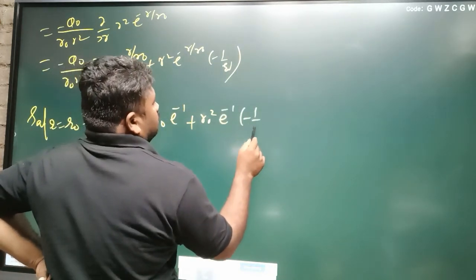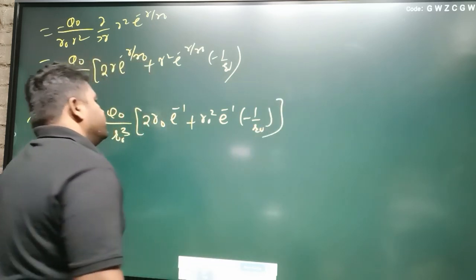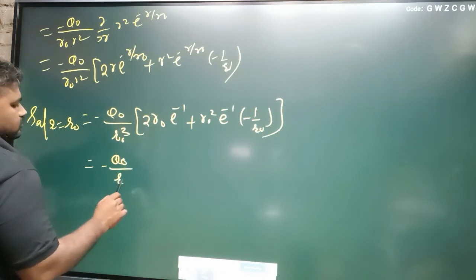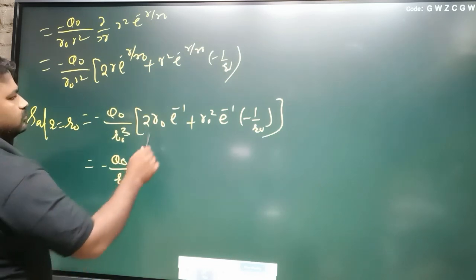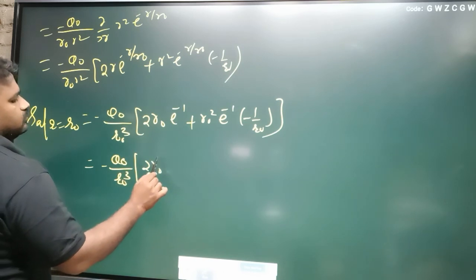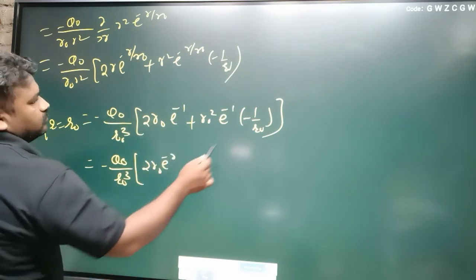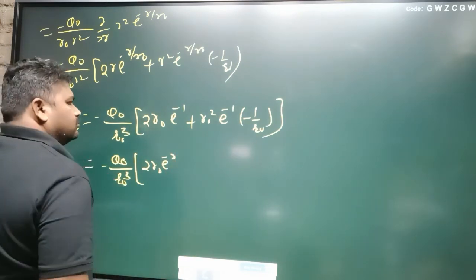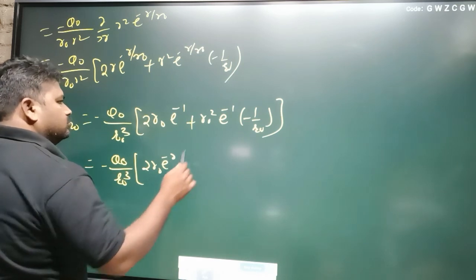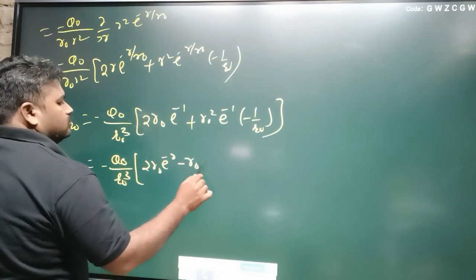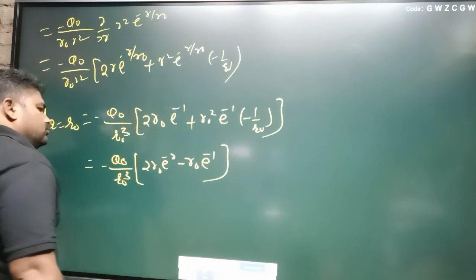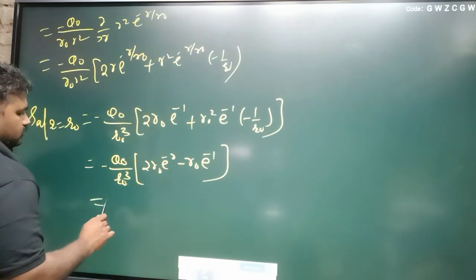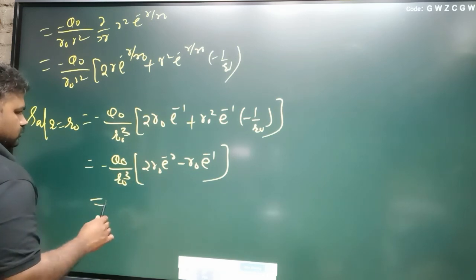E raised to power minus 1 common. R naught common. 2 upon 2 minus 1.